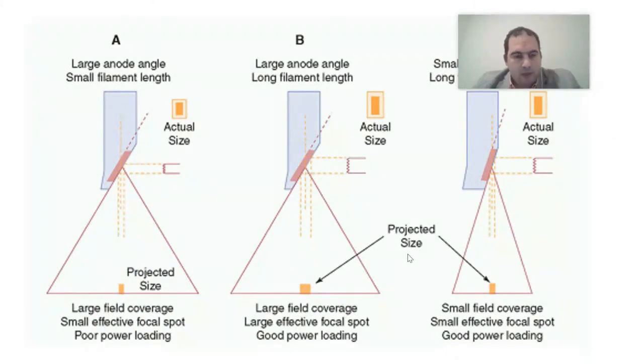A and B had large field coverage, even though one was small at A and large at B. We can say that field coverage is only related to the anode angle, not the filament size. Your field coverage is dependent on the anode angle. Keep in mind that the point you mentioned is a good one.